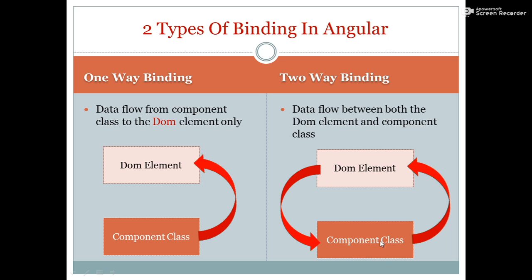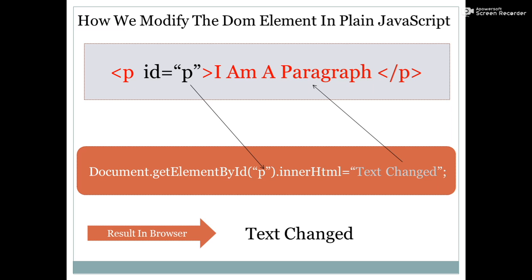It's pretty simple. The trick to take away here is that DOM binding is just a way of manipulating the DOM. When you talk of the DOM, it's just the elements inside the browser.